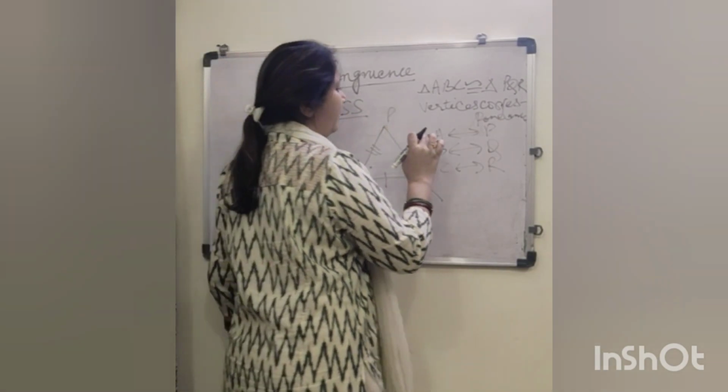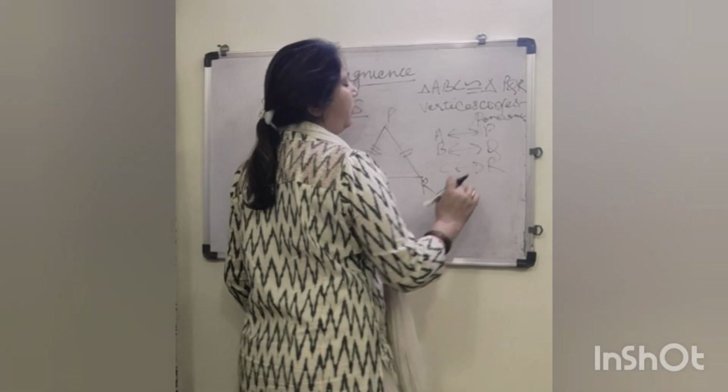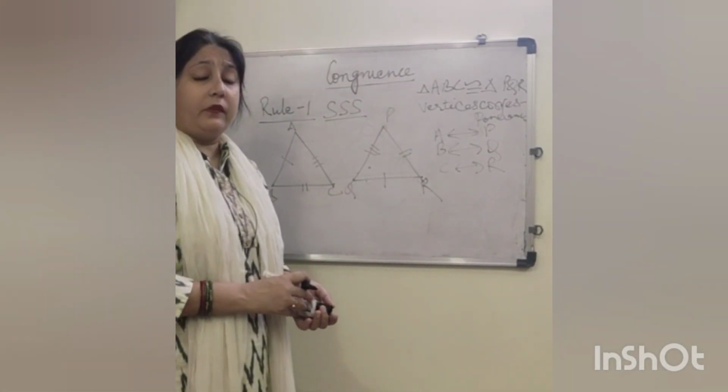Angle correspondence: angle A is equal to angle P, angle B is equal to angle Q, and angle C is equal to angle R.